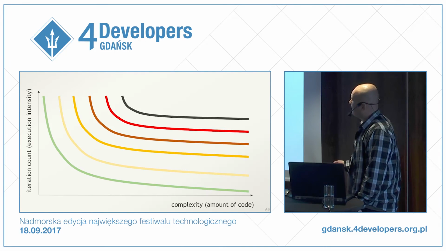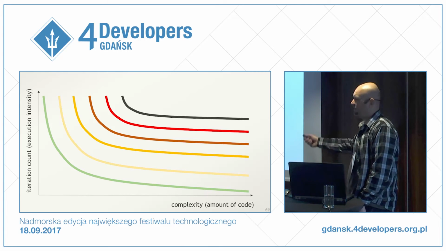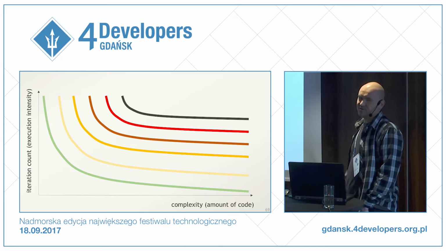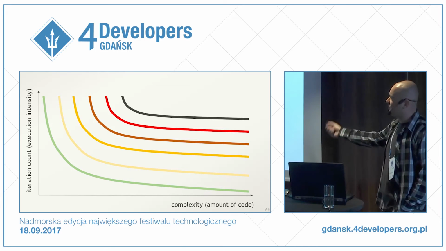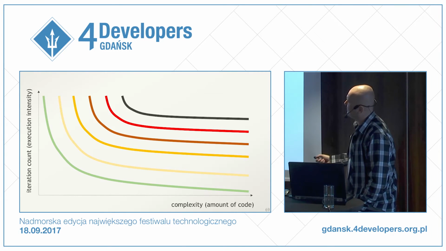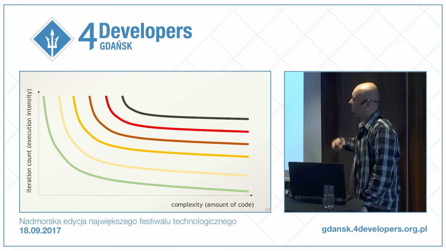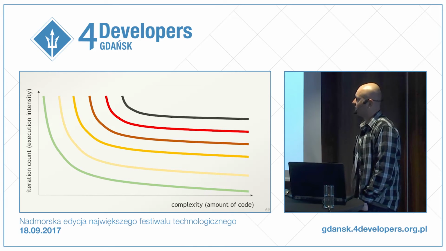So as some kind of summary, let's assume we have a chart where the x-axis is the complexity of your code, the number of instructions your procedure, your method, your function does, and on y you have iteration count. How many times, with what intensity it is executed.